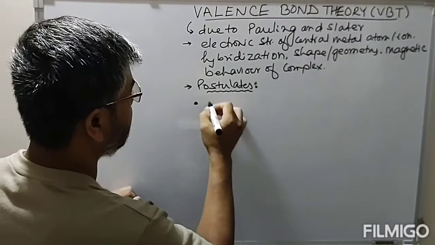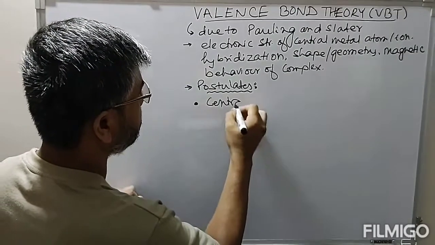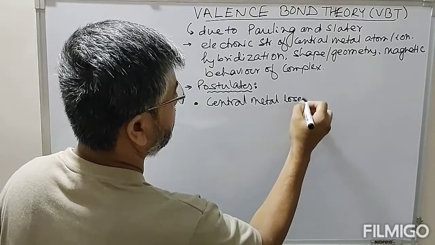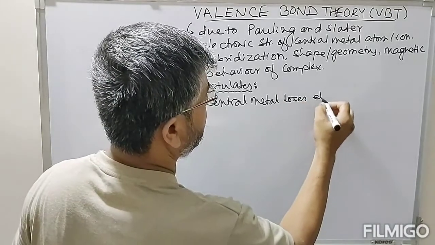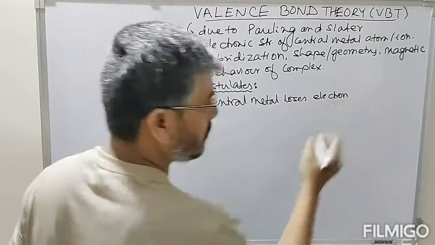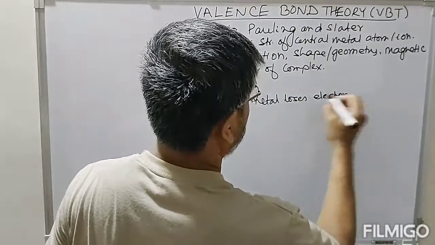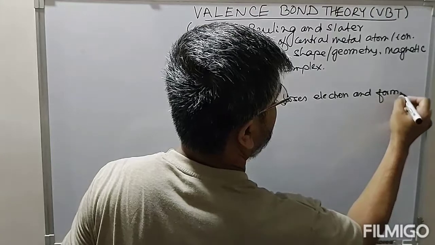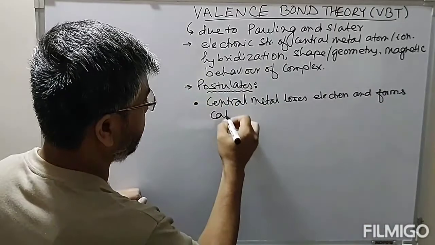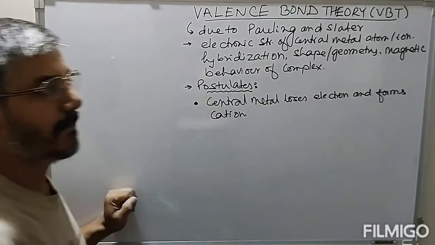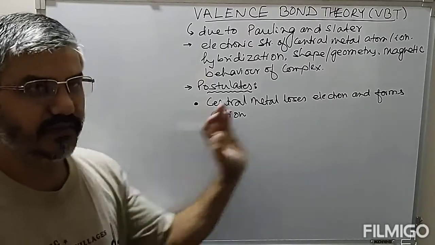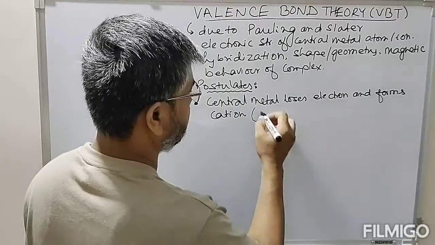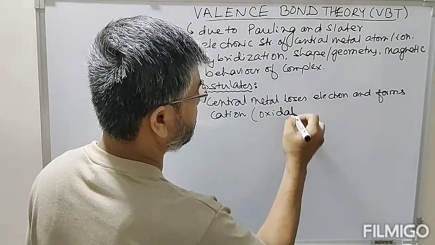So the central metal loses some electrons and forms a cation, and that is what we call the oxidation state of the metal ion.